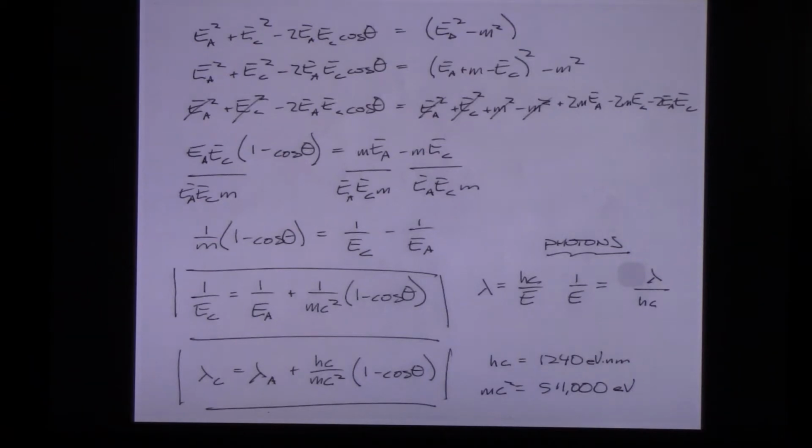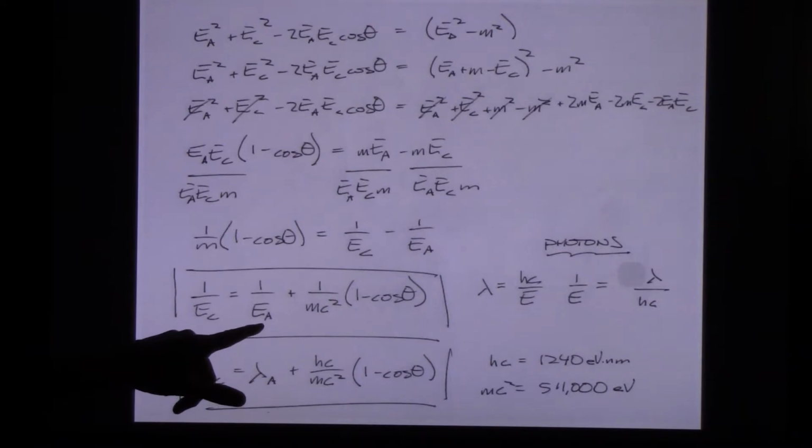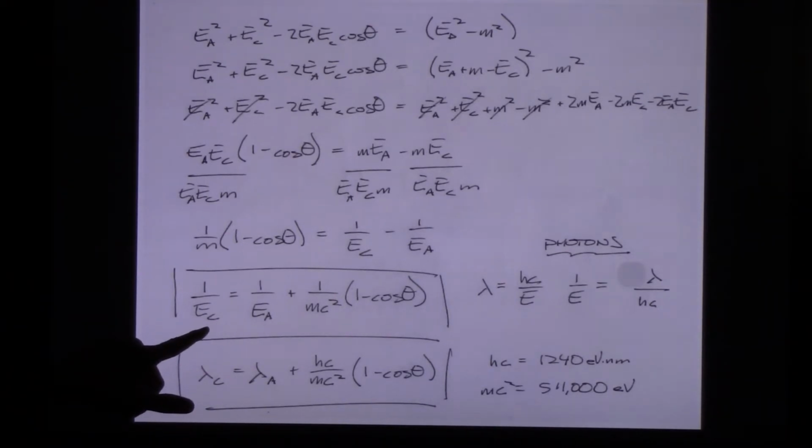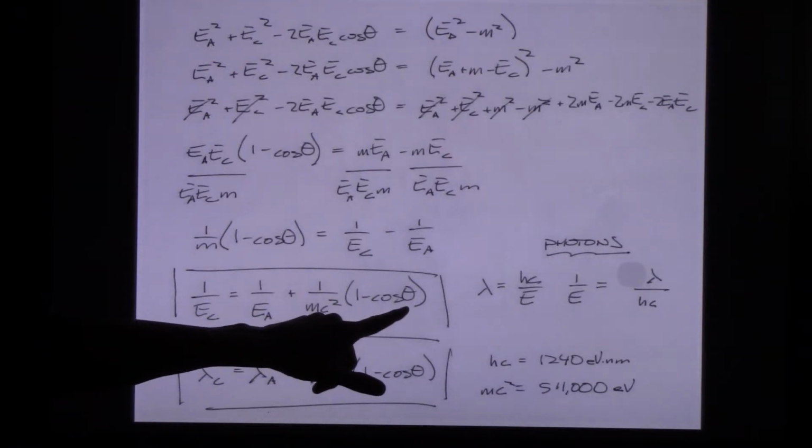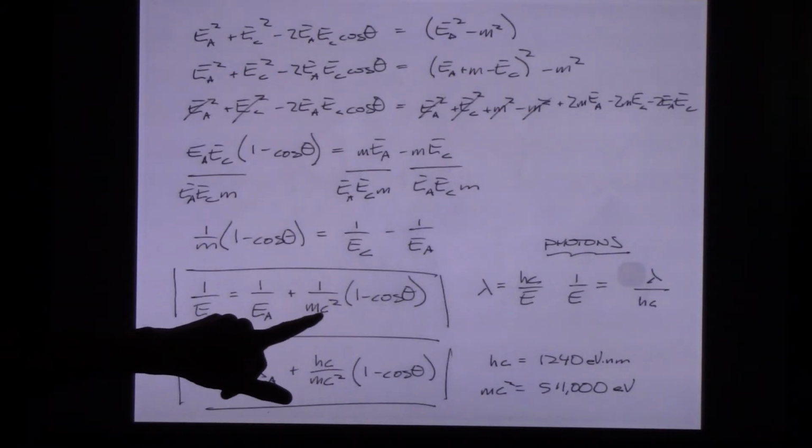So that's it. Using special relativity, we were able to solve for the energy of a photon that has collided with an electron at rest. If the photon going in has this much energy, the photon coming out will have this much energy. It depends on the angle, and it depends on the mass of the electron.